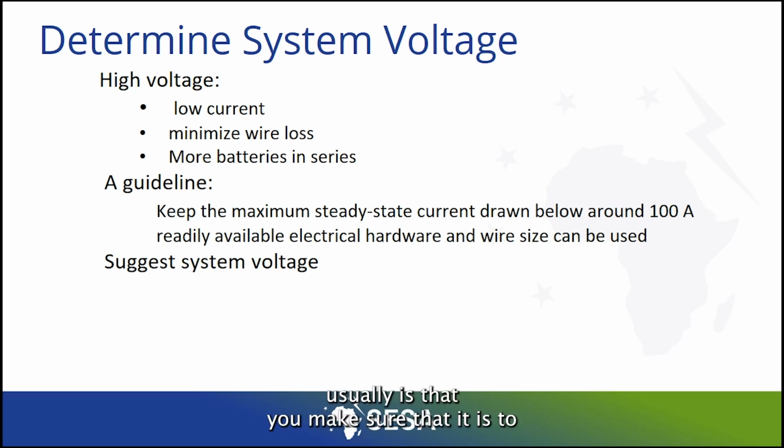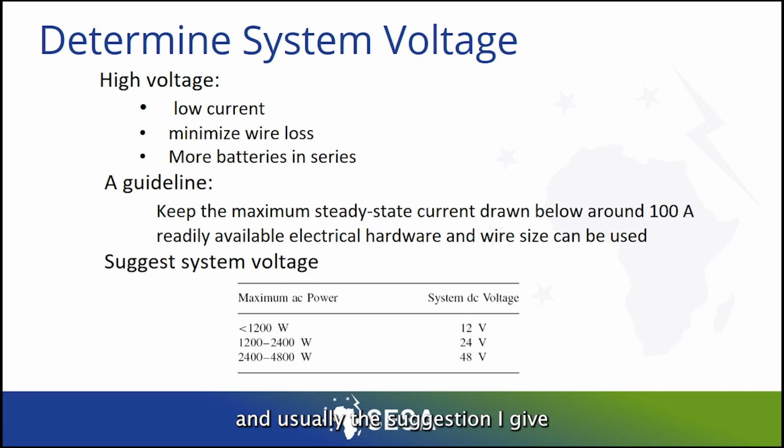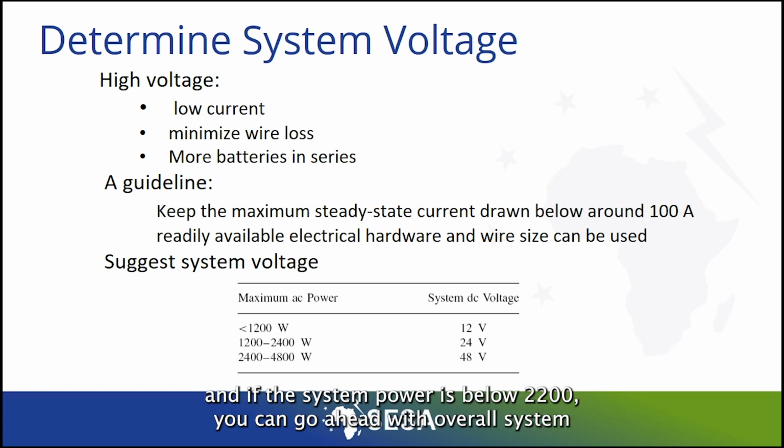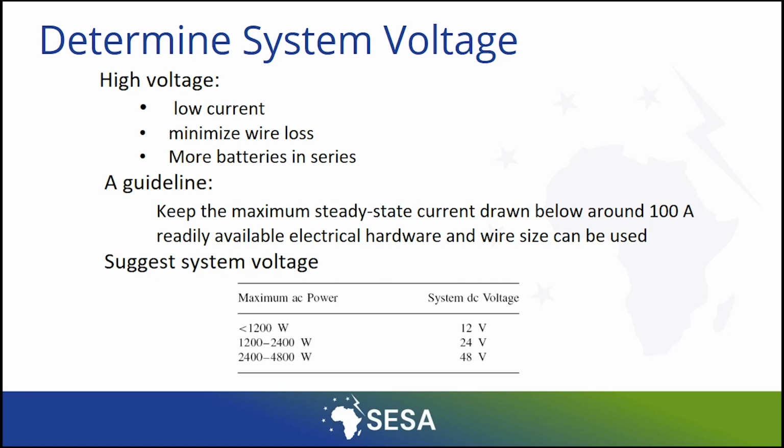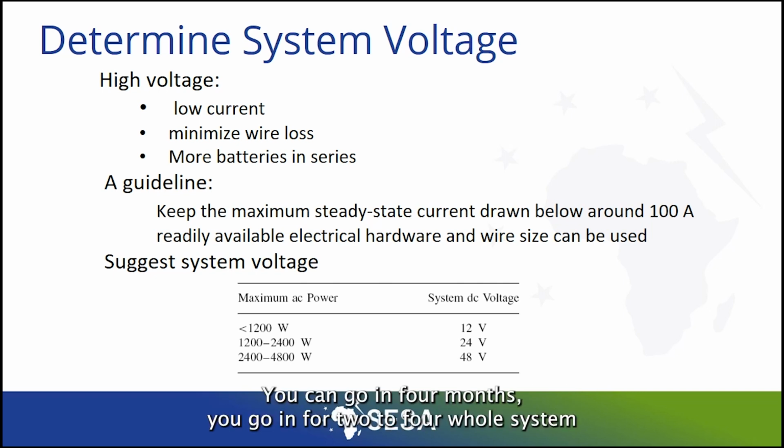The guideline usually is that you make sure that the steady current drawn is below 100 amps. And usually the suggestion I give in the design process is to just look at the AC power. If the system power is below 1200 watts, you can go ahead with a 12 volt system. If it is between 1200 watts and 2400 watts, you can go in for a 24 volt system.